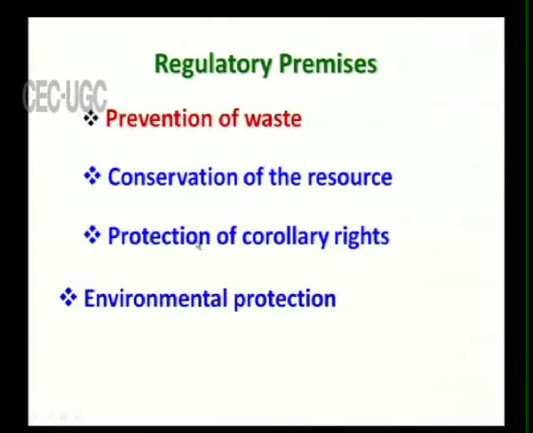And therefore, we have to conserve the resources and also protect corollary rights, because wherever oil is refined or petroleum is extracted, we have to protect the rights of the people, animals and the ecosystem, and the environment also. So, these are all the regulatory premises.